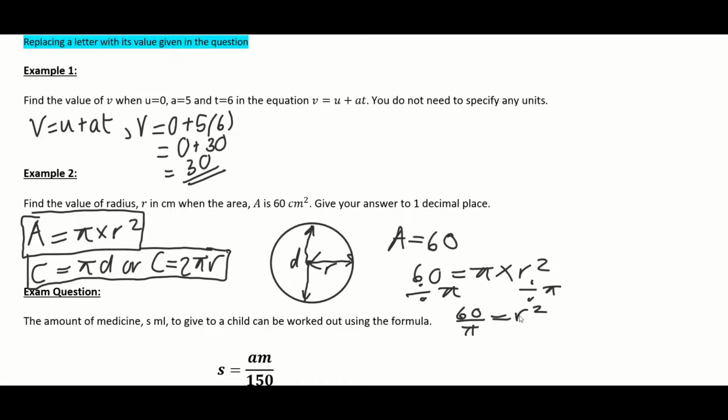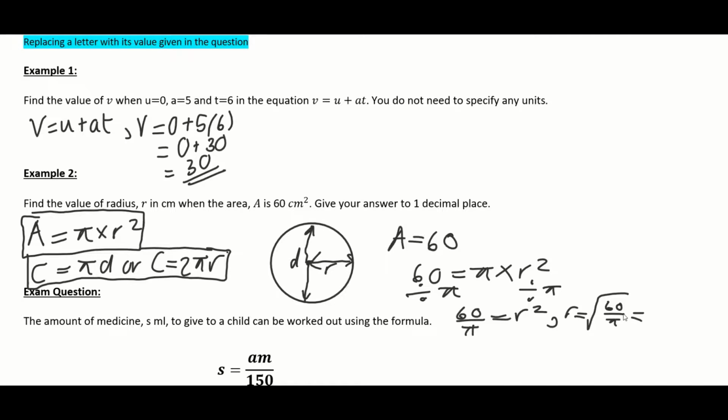To work out what r is, we have to square root the answer. So let's square root on both sides, and then you should get r equals the square root of 60 over pi. So that's the square root of the answer that we worked out previously.